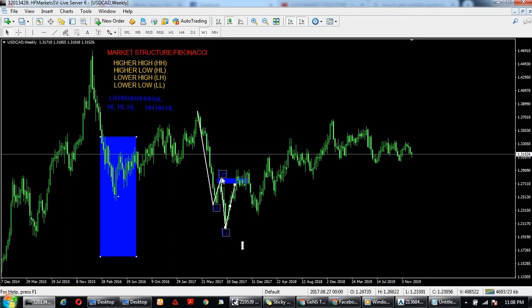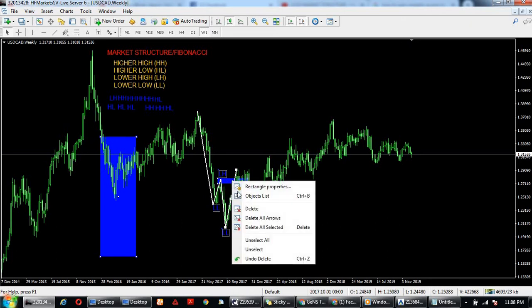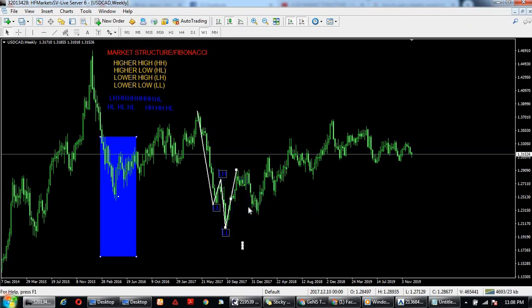But take note, the most recent lower high here was invalidated. So price came above and closed above the most recent lower high, and this is a confirmation that something else is happening right about here, because the most recent lower high has been violated.